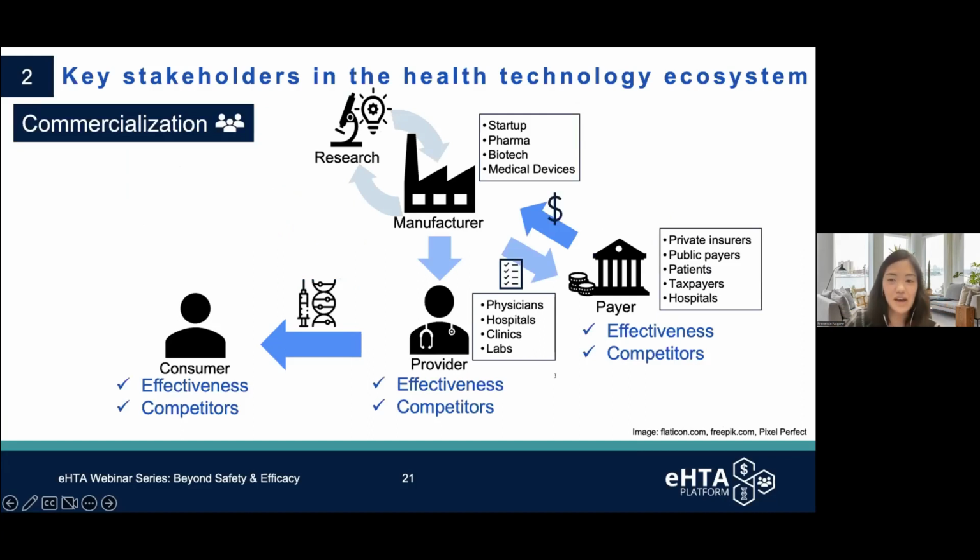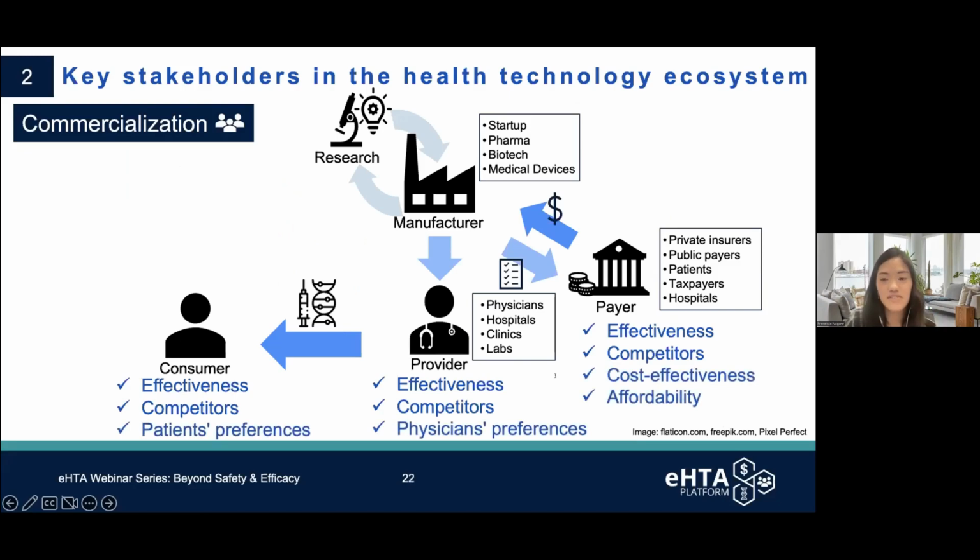However, patients, physicians, and payers are looking at evidence beyond trials when making their own decisions. And they might have their own set of values and look at different aspects of the technology when making those decisions.